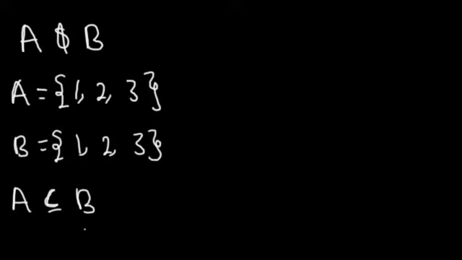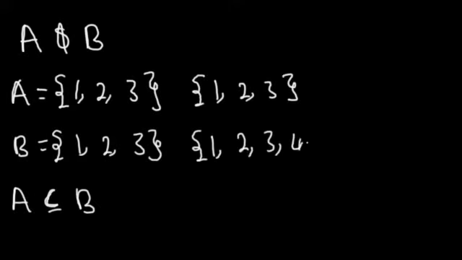Now we said some or all the elements in set A. You need to take note that if we have a case like this, set A is a set that includes elements 1, 2, 3, and set B at the same time includes elements 1, 2, 3, 4, 5, then A is also a subset of B.